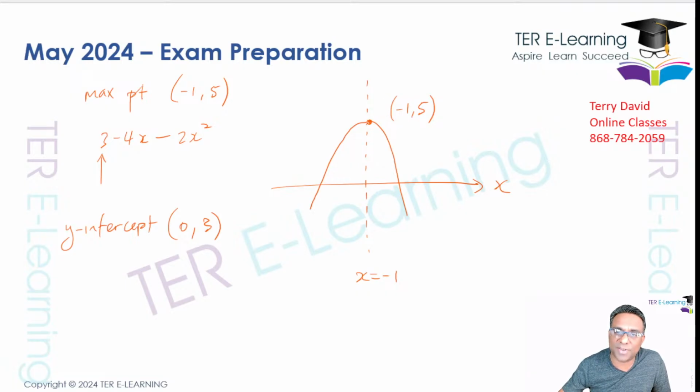So if this is 5 here, 0, 3 might be somewhere here. The y-axis might be here, and this point here is going to be 0, 3. So they like to bring questions where they will ask us to sketch a curve.